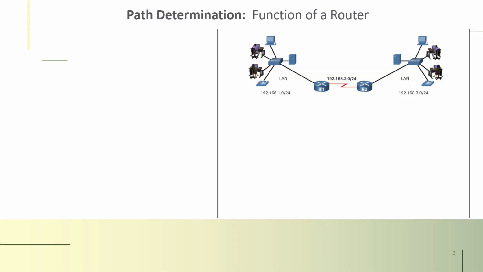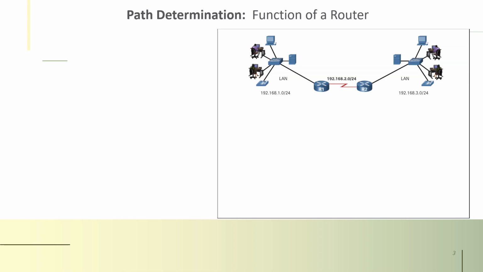Before a router forwards packets anywhere, it has to determine the best path for the packets to take. Ethernet switches are used to connect end devices and other intermediate devices, such as other Ethernet switches, to the same network.